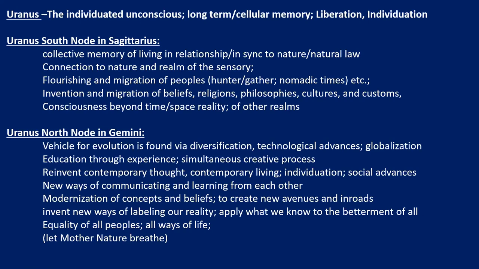The North Node in Gemini, to accelerate evolution, the intention forward is to reinvent contemporary thought, contemporary living, so that we are not living with the social structures that have been creating today's societies, and isolation, and all the things that it's been doing here. So new ways of communicating and learning from each other, and certainly there have been tremendous advances in the past few years with social media and so on. We can instantly download information nowadays.